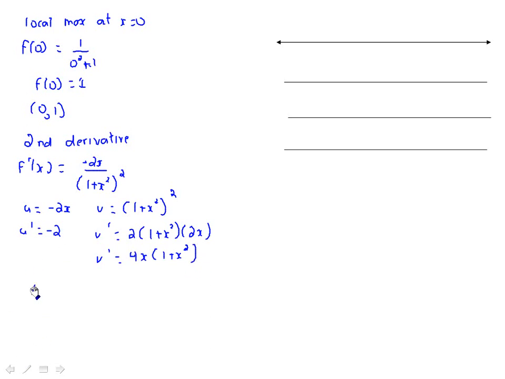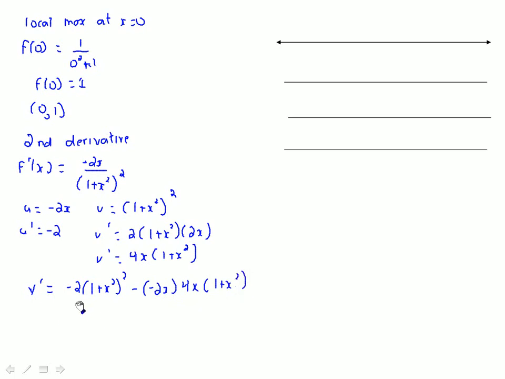So therefore, y prime is equal to u prime, so negative 2 times v, so (1 plus x squared) to the 2, minus u times v prime, so that's minus negative 2x times v prime, which is 4x times (1 plus x squared).